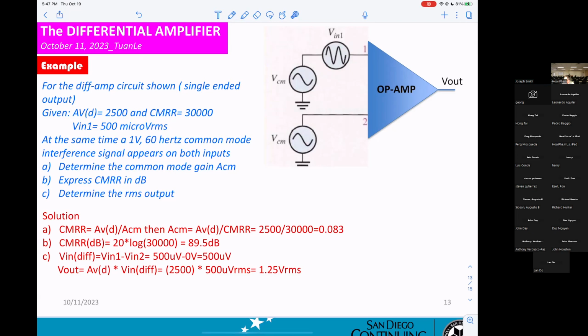At the same time, a 1 volt, 60 hertz common mode interference signal appears on both inputs. So they're telling you this signal will be 1 volt, 60 hertz.